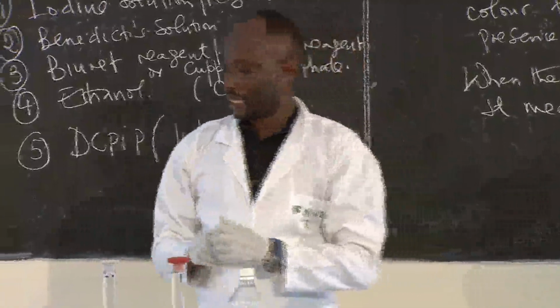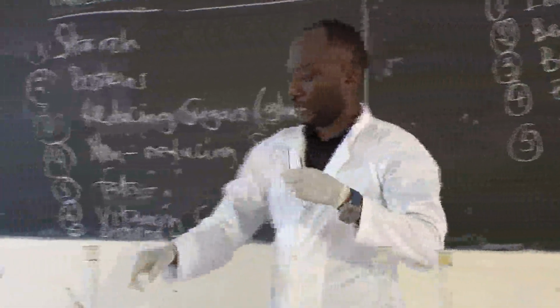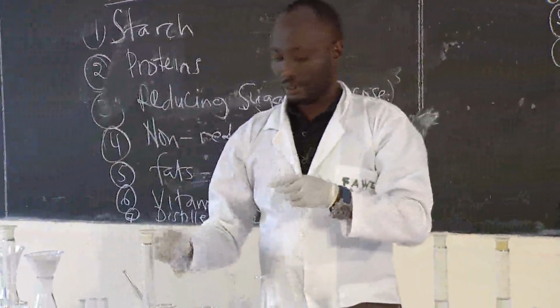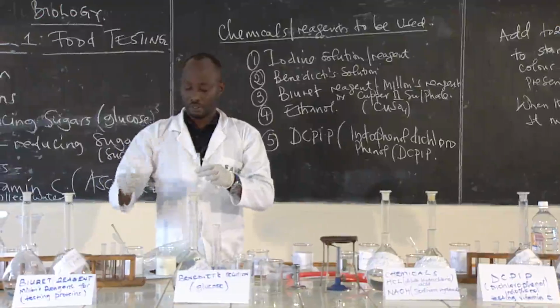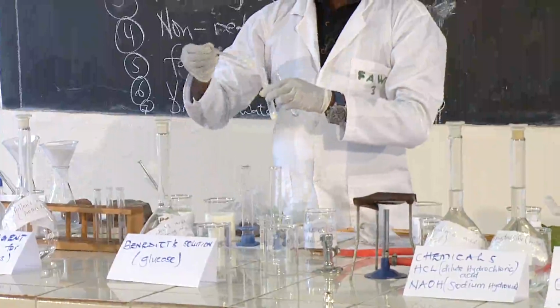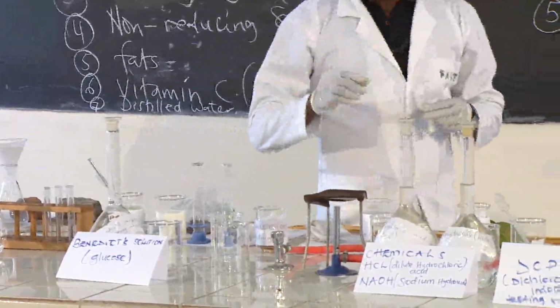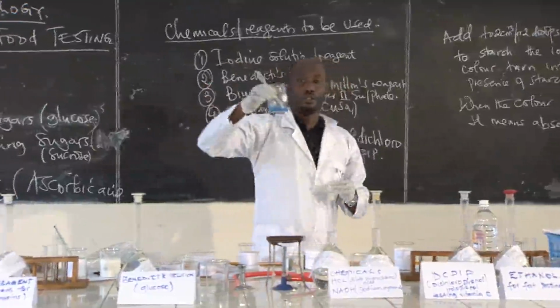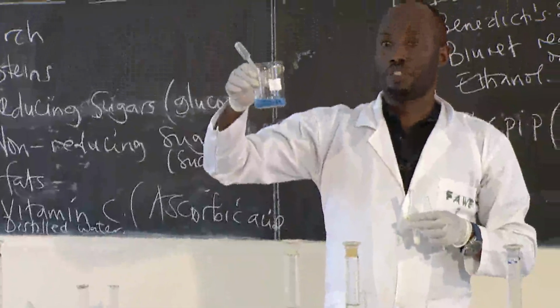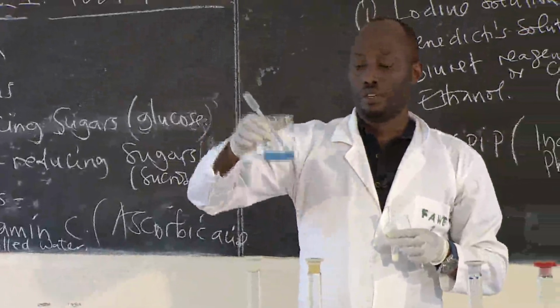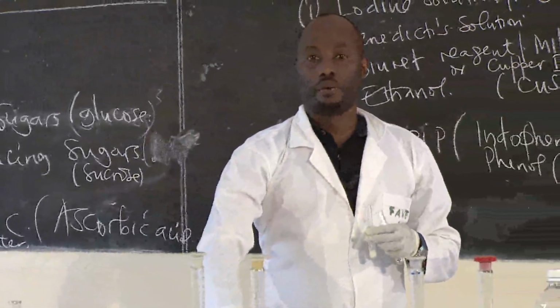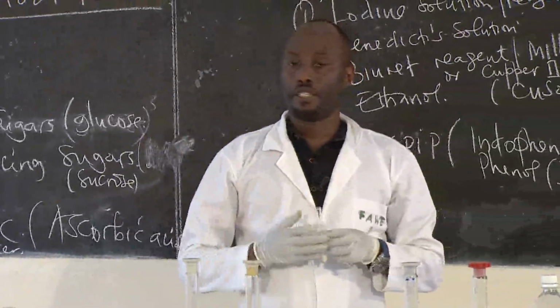I'm going to get the next test tube and put milk there. I told you that we normally use the Biuret reagent to test for the presence of proteins. Let us put the reagent and observe the color changes.